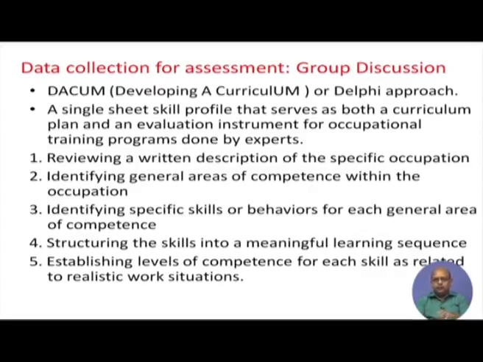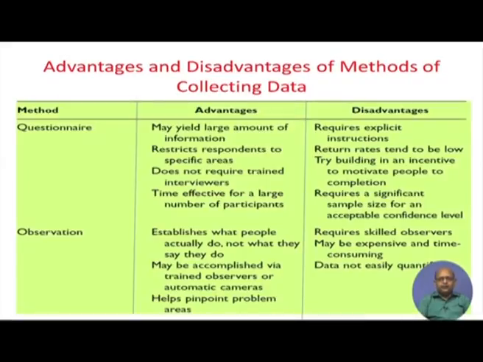So, you have a specific description for a particular job, then look at the competencies that are required for the job, then see what are the specific skills and behavior for each competency, and see whether people have it or not, okay. And then you can find out the gap, okay. And you can also relate these competencies with the job that is to be performed by the individual, right. So, group discussion is a better way to find out, and it could be supplemented by other methods also.